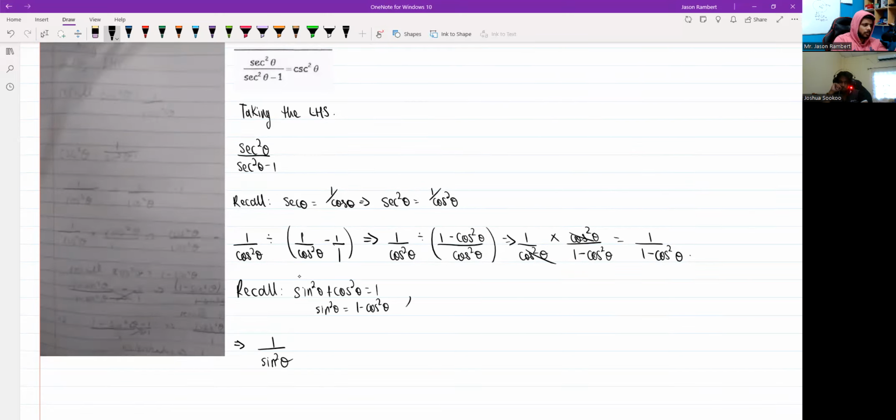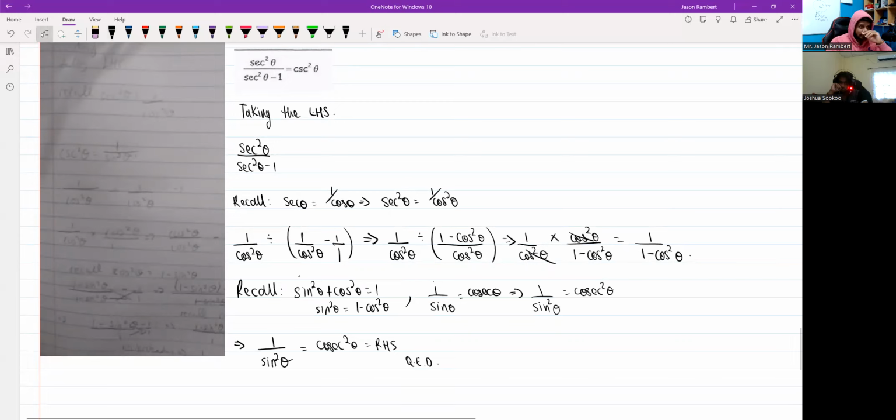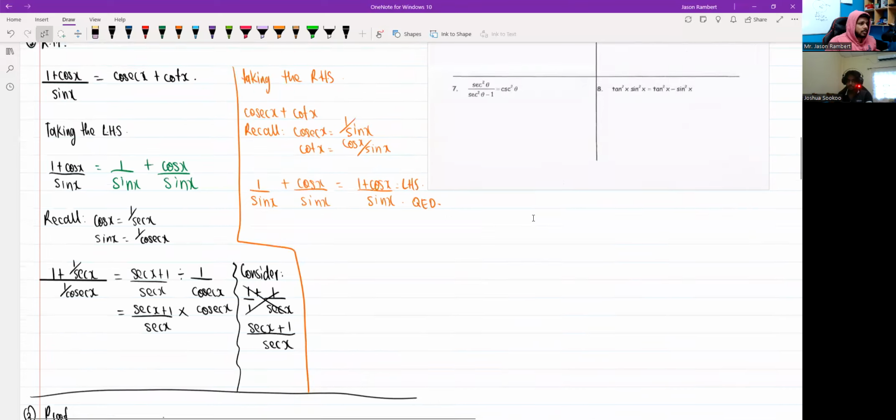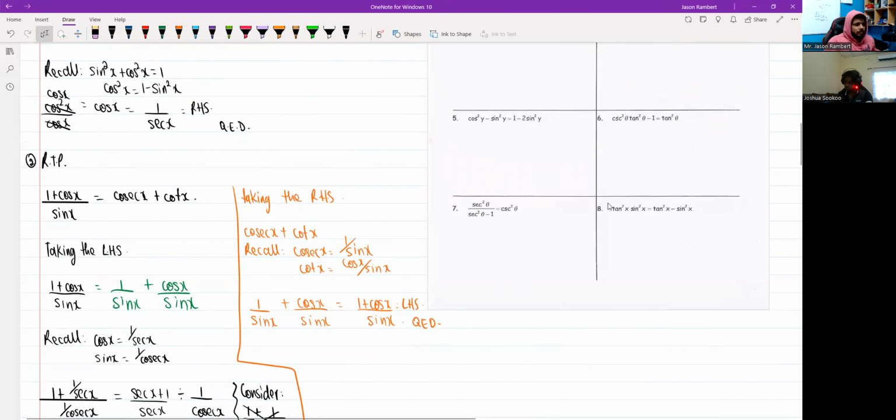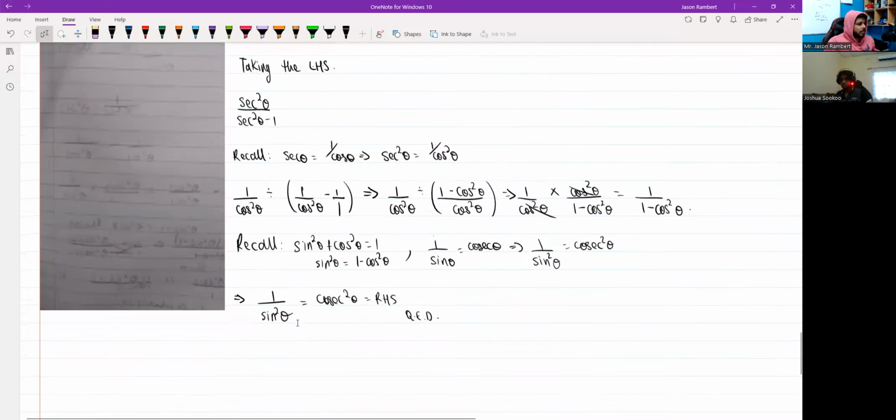And I'll recall that 1 over sine theta is cosec theta. So 1 over sine squared theta is cosec squared theta, which is equal to the right-hand side. Quod erat demonstrandum. Yeah? Cool. All right, so final one, number 8. Give it a try. We'll do the solutions when you are finished.